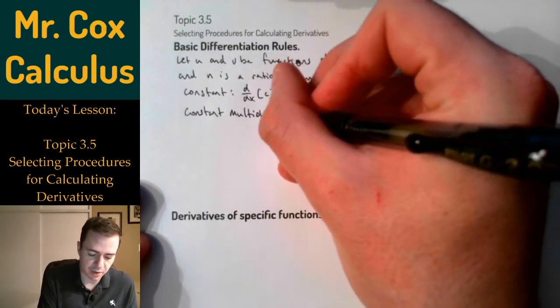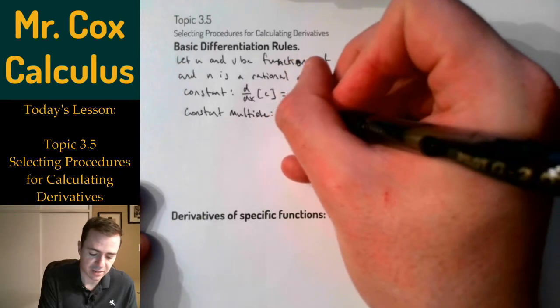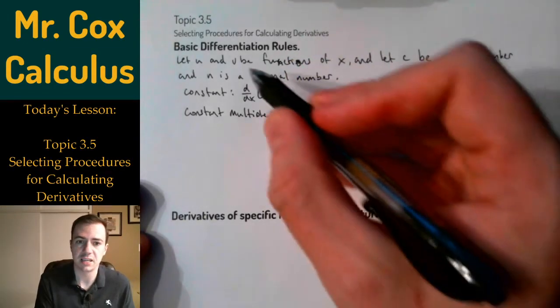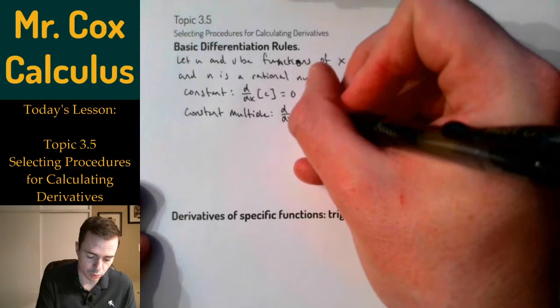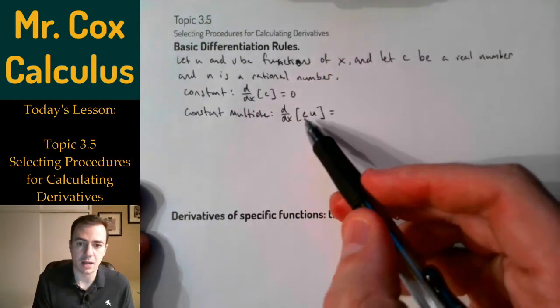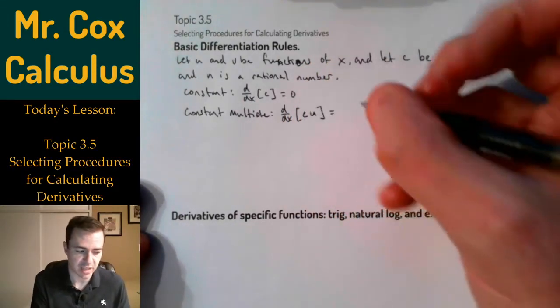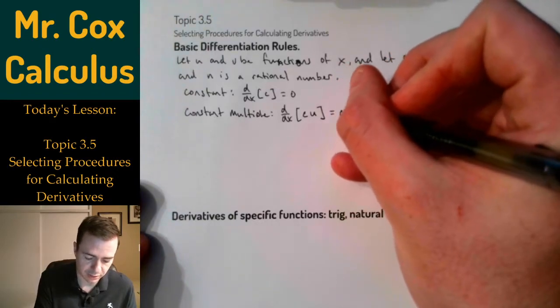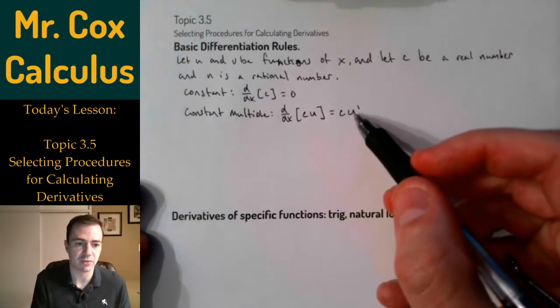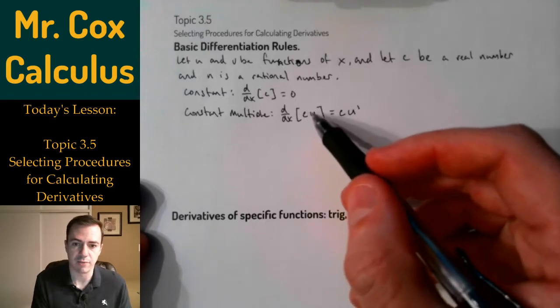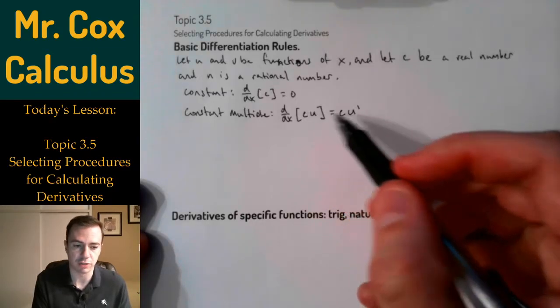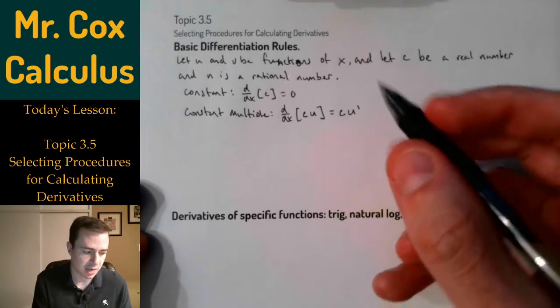We can say the derivative with respect to x of any constant, so c, times u, a function of x, is equal to the constant times the derivative of u. So I can focus just on the derivative of this function of x and then multiply the constant times it.